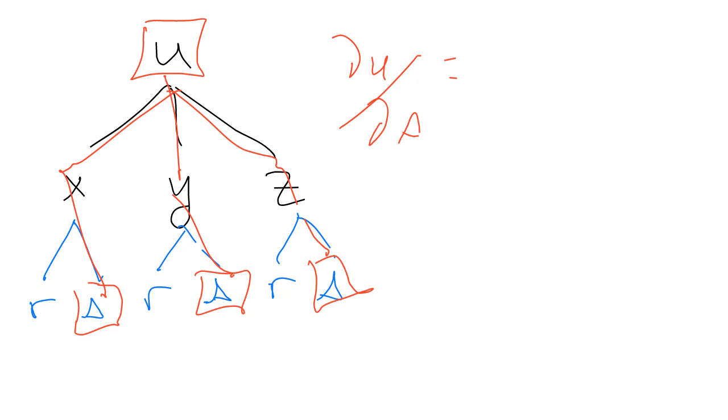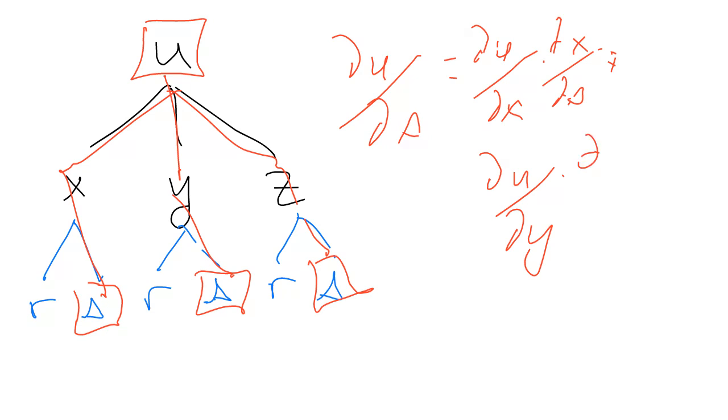So really a nice thing. It's going to be the partial of u with respect to the first variable x, times the partial of x with respect to s, plus the next one is the partial of u with respect to y, times the partial of y with respect to s, and then plus the last one. These are all pluses, right?